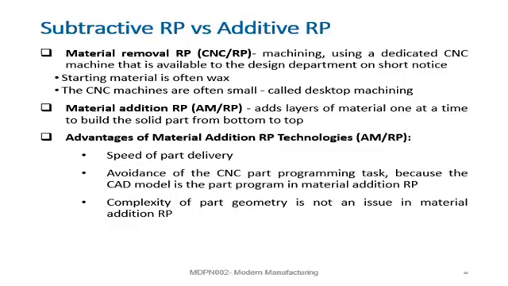So, can we make rapid prototyping only by additive manufacturing? No, I said. You can do it either way. You can do it by material removal. So this is known as CNC rapid prototyping, which is very common. In fact, it has been used for a very long time, and it is still used, especially in creating dies and these kinds of things.